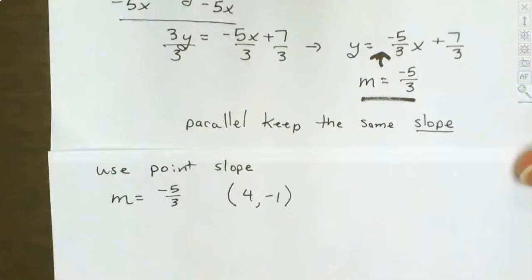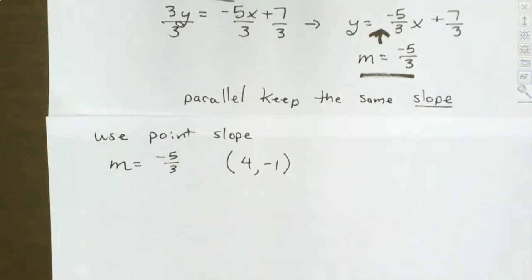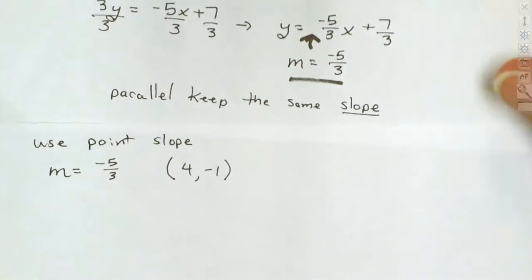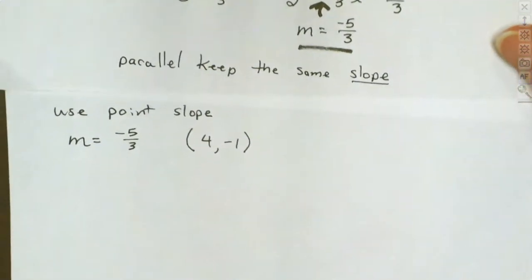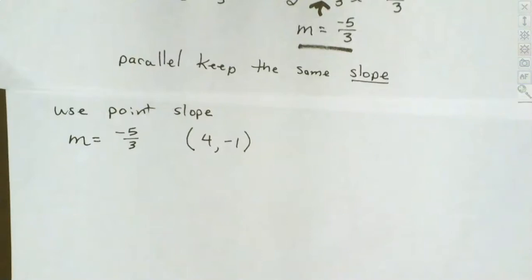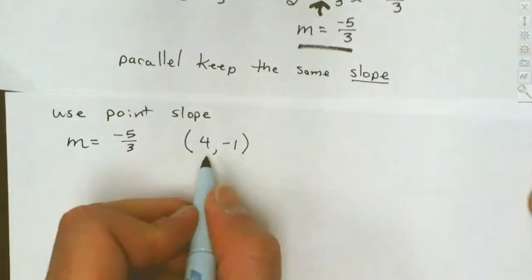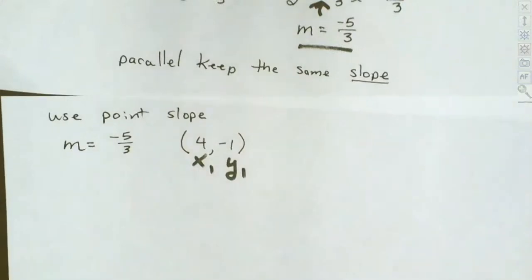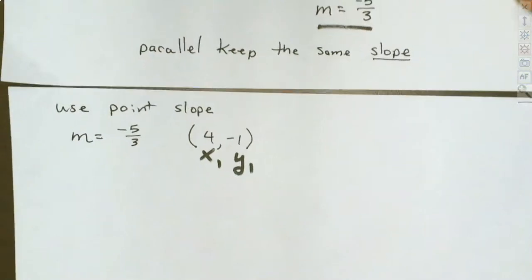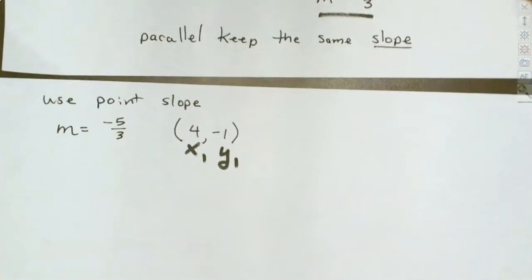Okay, so now we're going to use that slope that we found, along with our point. And we simply label x1, y1. I always like to write our formula down. I think it just makes it easy to remember if you write it down.